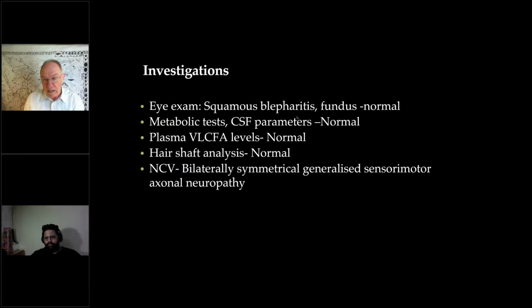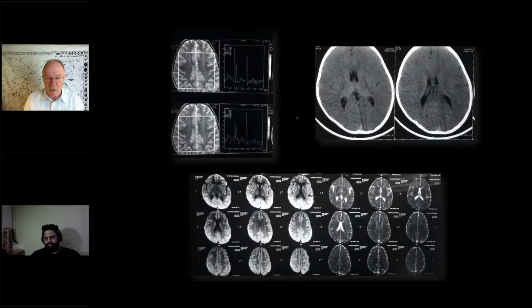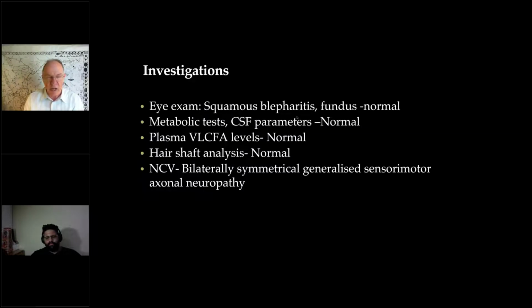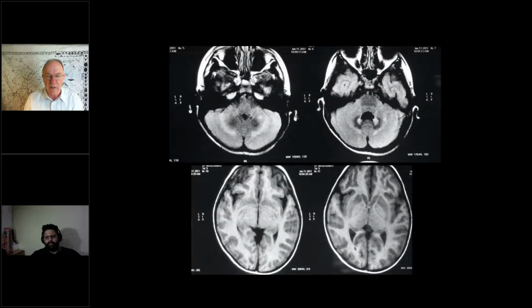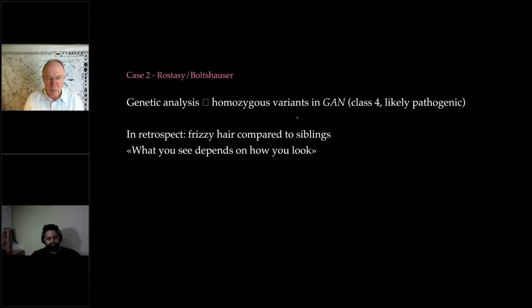A progressive condition with this type of hair is giant axonal neuropathy until proven otherwise. And what I think is important is that all four levels are involved: cerebral, cerebellar, spinal cord, and peripheral nerves. This is a unique constellation, I think.